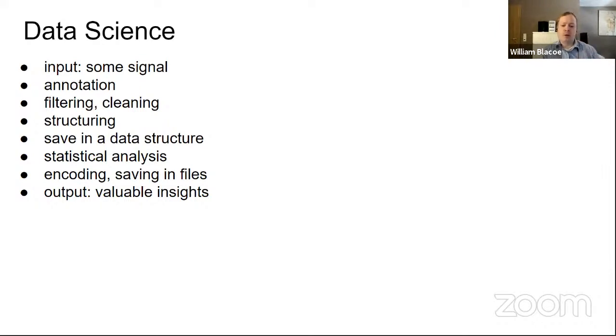So a lot of these steps are based on the decisions of the developer or the researcher. They're not always one size fits all. And then obviously you can do lots of statistical analysis because you're working with quantifiable data. And you will need to find some kind of encoding because you'll want to save the data on a hard drive. And the point of doing all this is to gain some valuable insights in the end.